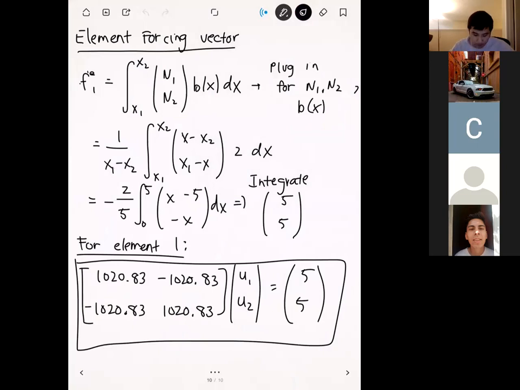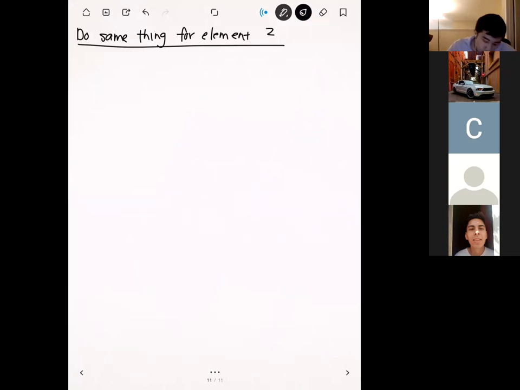Okay. All right, so let's do the same thing for element 2. For element 2, we're going to do the element stiffness matrix and also the element forcing vector. The first thing that we'll compute here is the shape function derivatives.